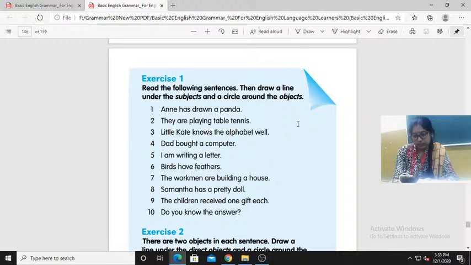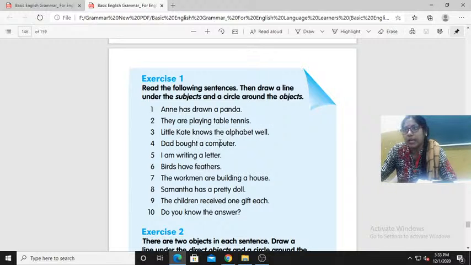Anna has drawn a panda. They are playing table tennis. Little Kate knows the alphabet well.